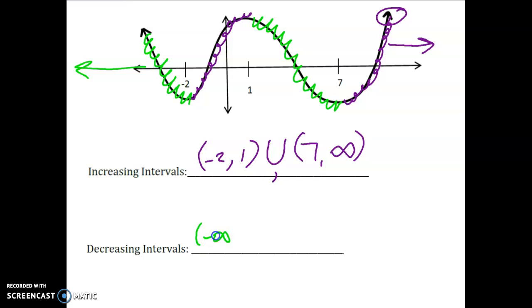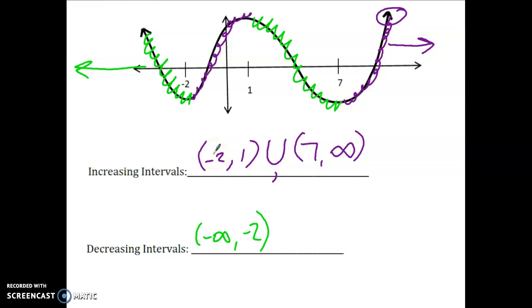Well, that's negative infinity. Notice it doesn't matter that this is going up. Up goes with y. What matters is that it's going to the left because left goes with x. It decreases all the way until it gets to -2, because at -2, it's going to stop decreasing and start increasing. That's why -2 is not included in either one.